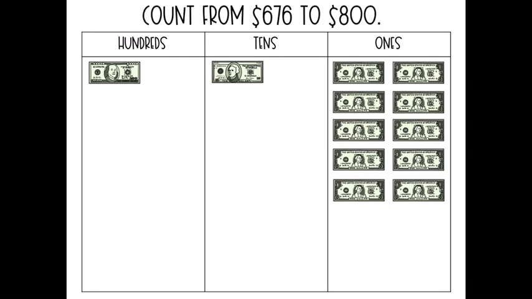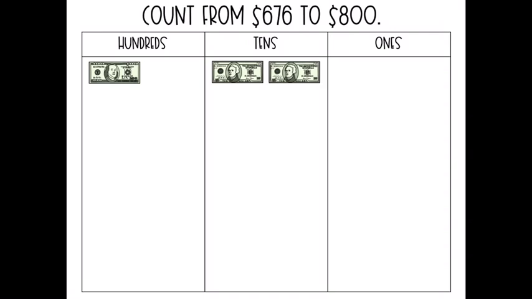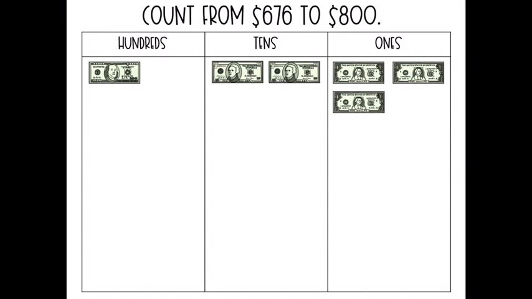There's 10 ones. Let's exchange them for a 10. And we are almost there. 797, 798, 799, 800. Whew! We counted from 676 to 800.